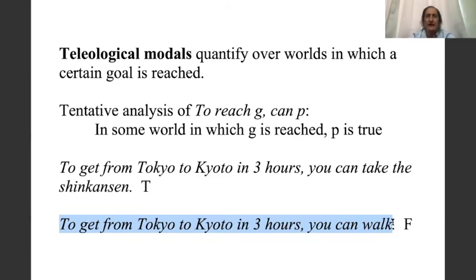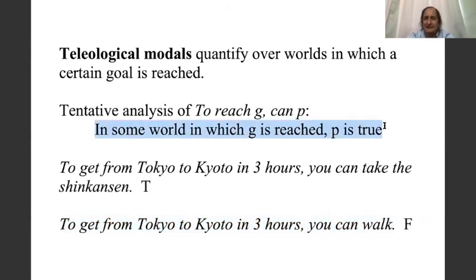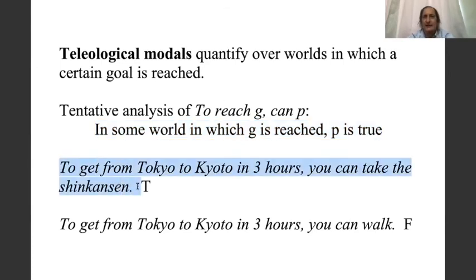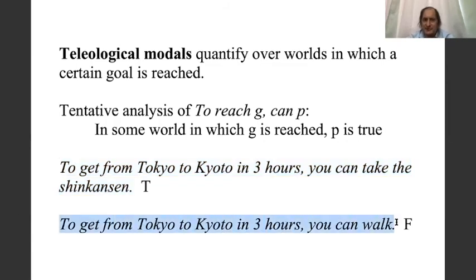Okay. But what does this, as an analysis, predict for the two cases? Well, it predicts truth in this one because there is some world in which you go from Tokyo to Kyoto in 3 hours, and in which you take the Shinkansen. Okay. But it also predicts that this one should be true.